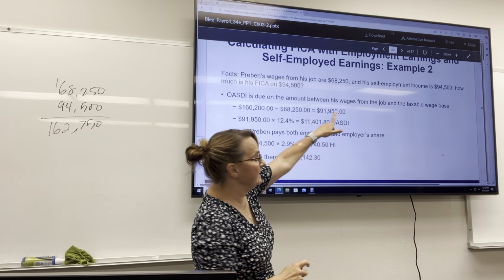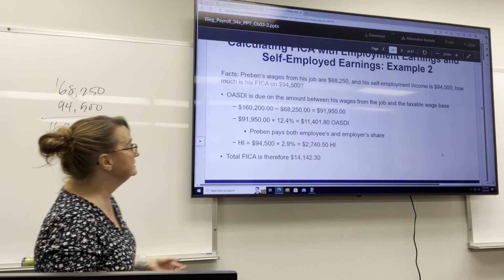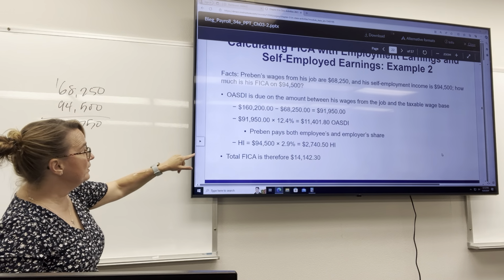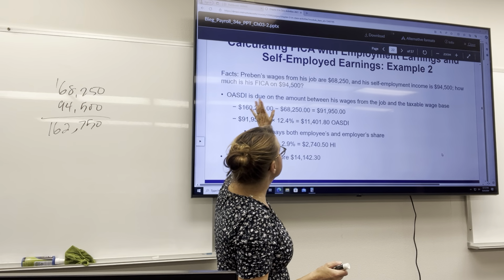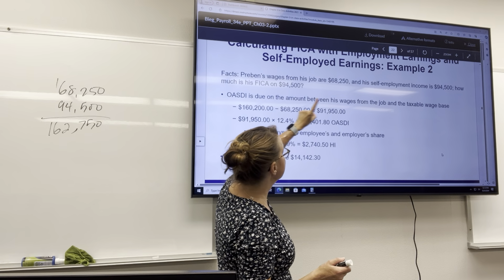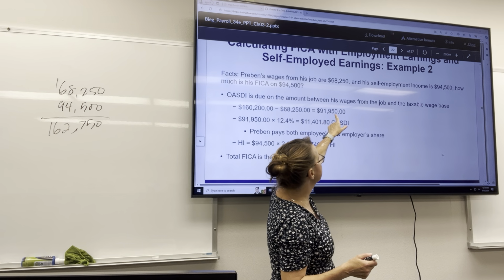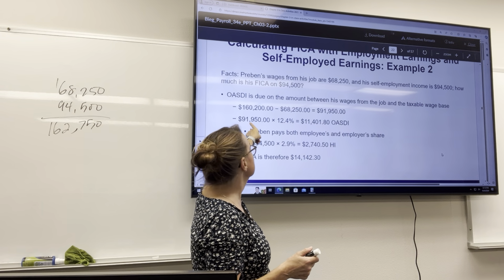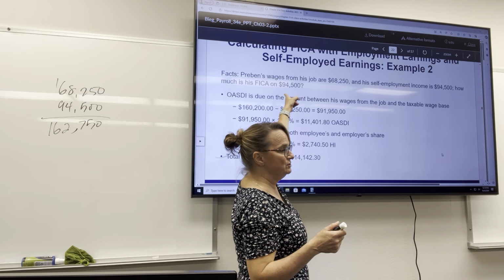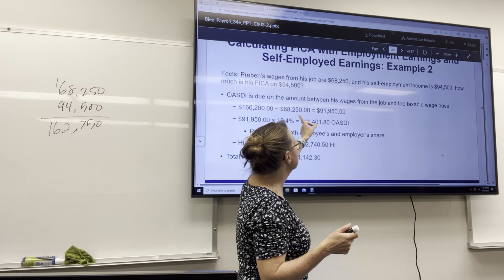That means that some of that $94,500 is not going to be subject to self-employment tax. So the amount that he has to pay tax on is $91,950. What they've done here is taken the wage base minus the W-2 wages that he earned.